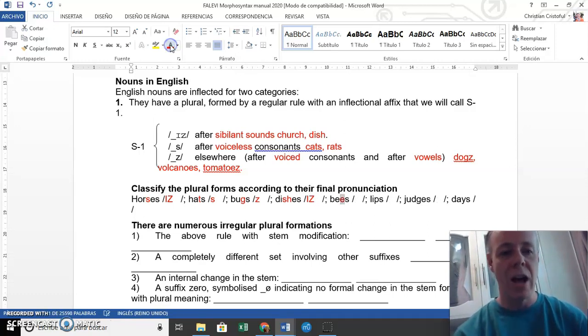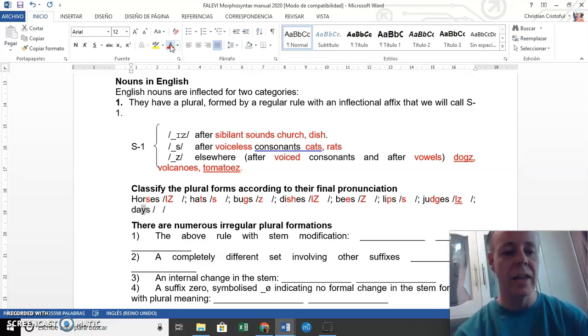Bee is a vowel. Vowels finish with rule number 3. Bees. The p is voiceless, so lips, like this. Judge. J is voiced and is sibilant as well, so judges.